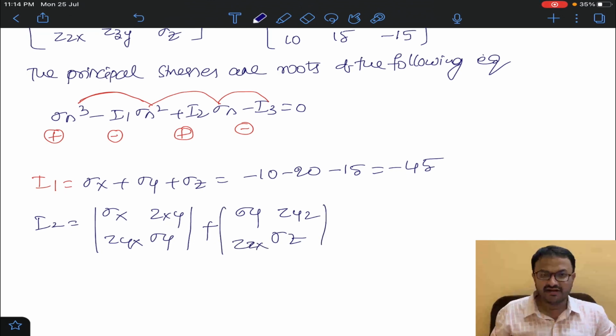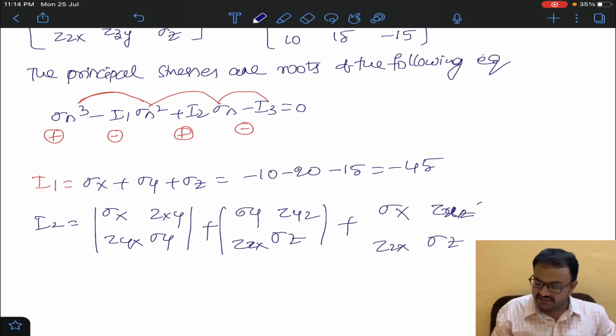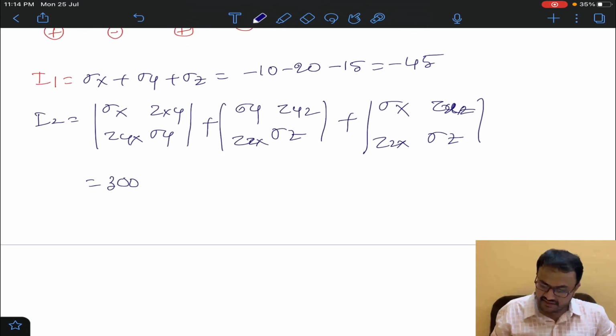Calculate the determinant, plus delete the middle column and middle row. You will get the determinant in terms of x and z: sigma x, sigma z, tau xz and tau zx. Calculate the determinant. You will get 300.